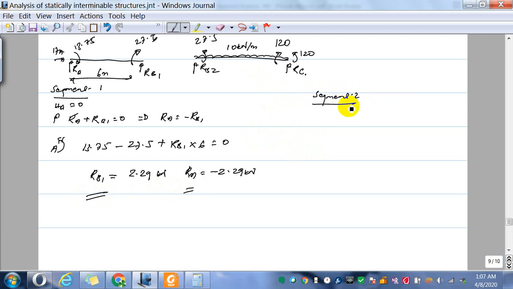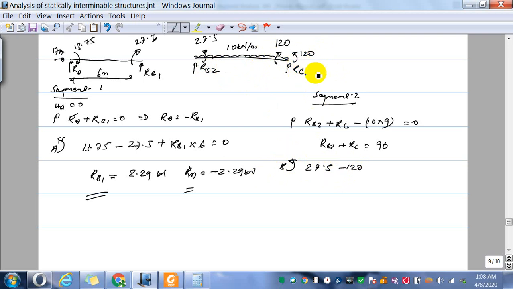We can again do the same thing. You balance vertically, RB2 plus RC minus 10 into 9, that is the load acting on this, is equal to 0. So RB2 plus RC is equal to 90. Then if you take moment about B, then RB2 cancels, so you have 27.5 counterclockwise, minus 120 clockwise.